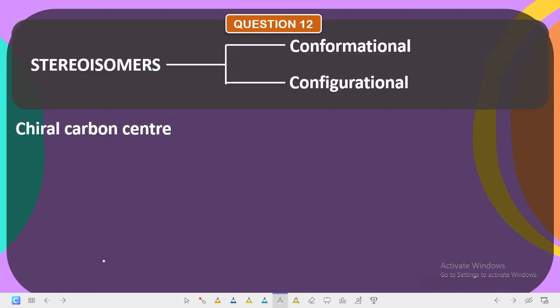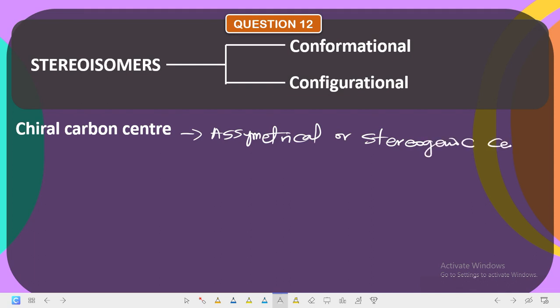So that is that. Now let's talk about chiral carbon center. I believe this is like the 199th time of talking about chiral carbon center. We said chiral carbon center is also called asymmetrical, or stereogenic carbon center. It is a carbon center that has 4 different groups around it.